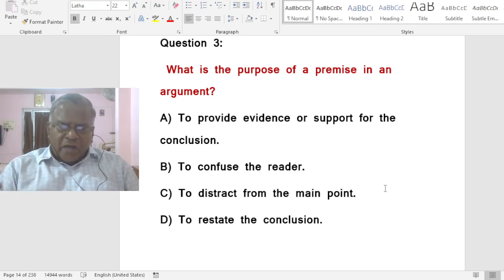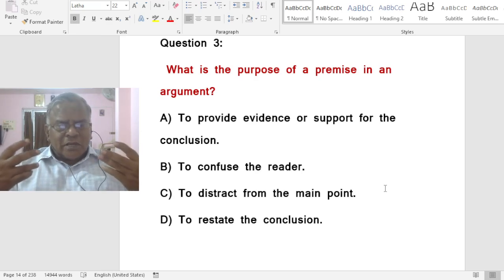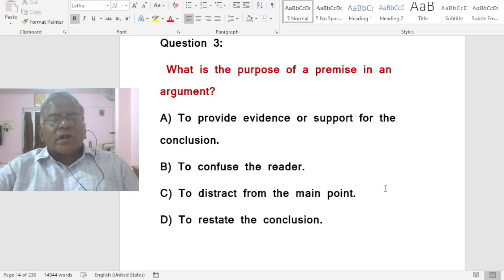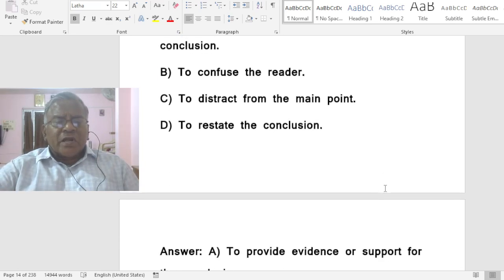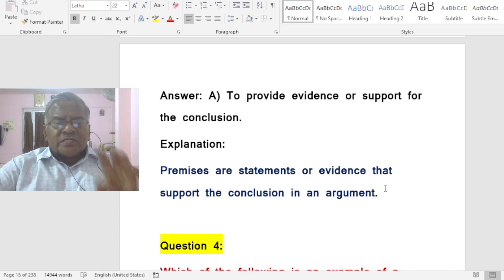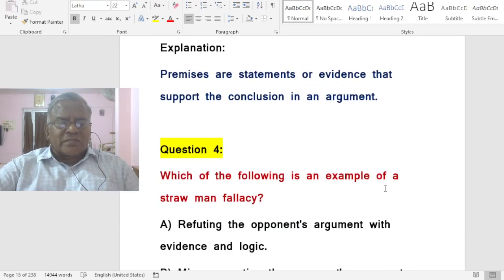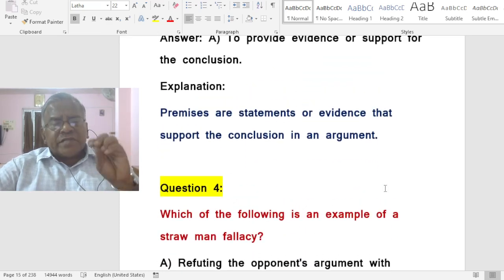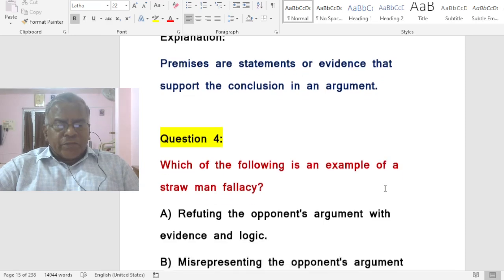Aristotle is a man, so Aristotle will die one day. I think you understood this, the premise, conclusion, everything, I suppose. So, what is the purpose of a premise in an argument? That is to provide evidence or support for the conclusion. That is their purpose. Premises are statements or evidence that support the conclusion in an argument.